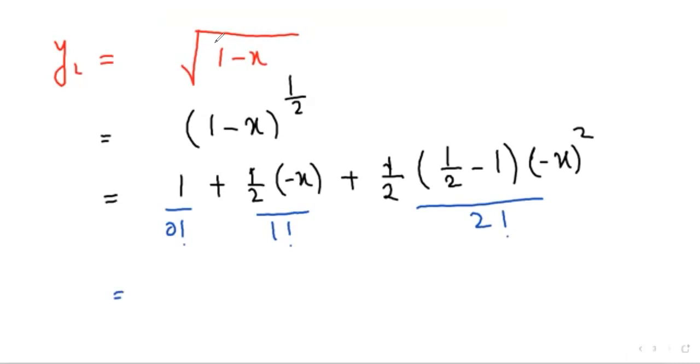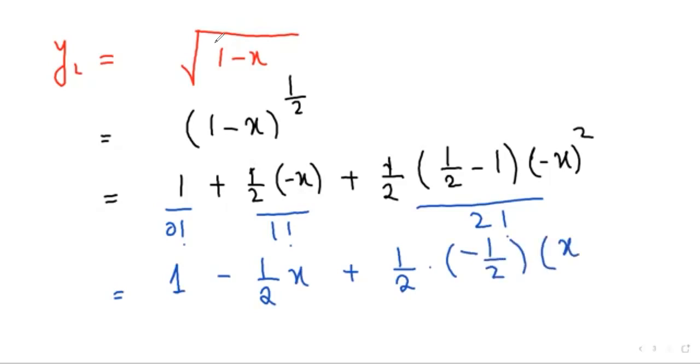So it would be 1 minus half x plus 1 by 2 into minus 1 by 2 into x square. 2 factorial is 2.